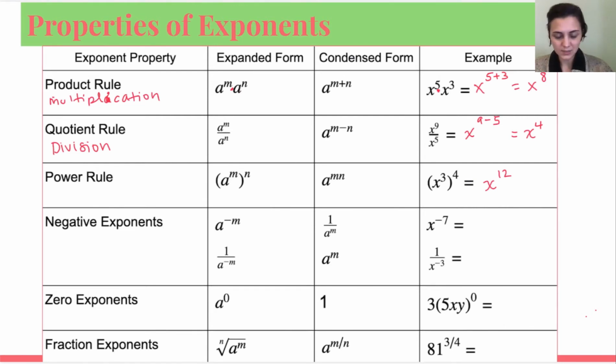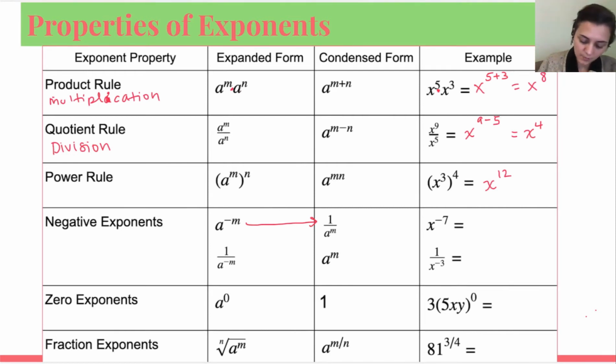Negative exponents. So if you're not familiar with negative exponents, the trick with negative exponents is you can turn the exponents positive by moving them from the numerator to the denominator or the denominator to the numerator. So you can see in this case we made the exponent positive by moving the whole term from the numerator to the denominator.